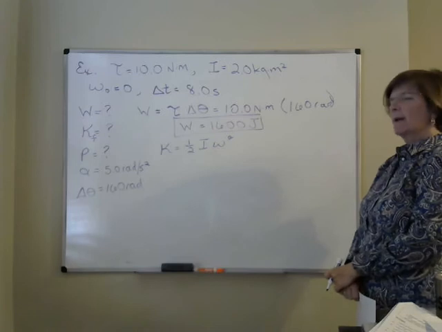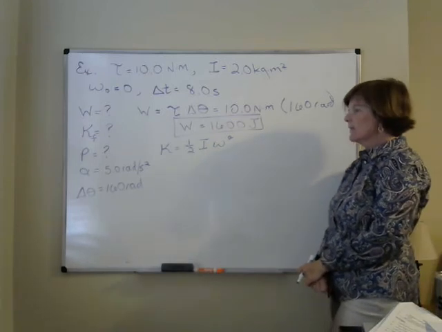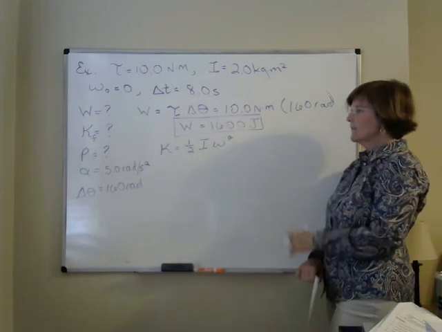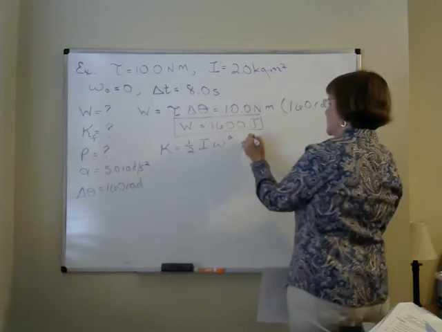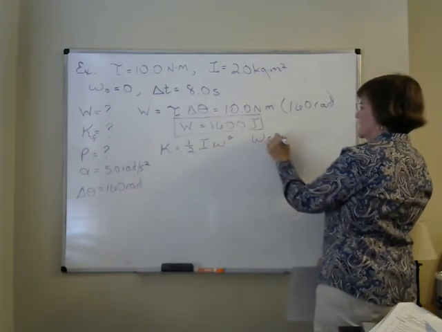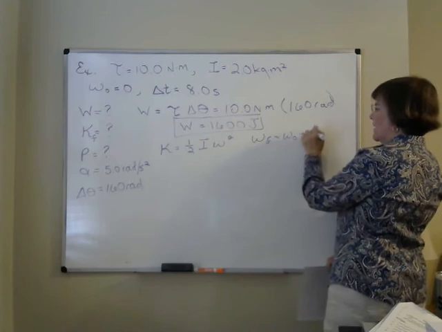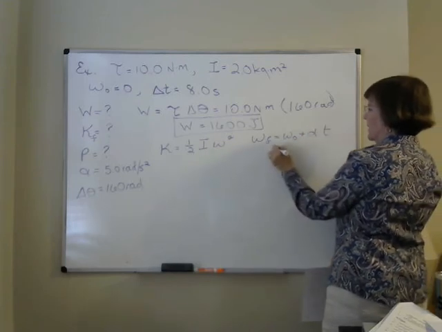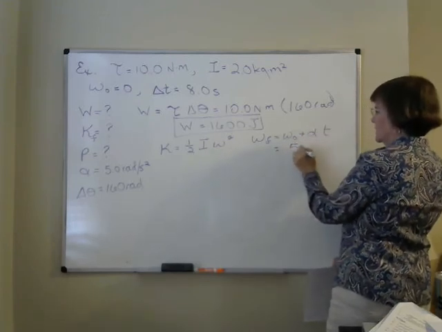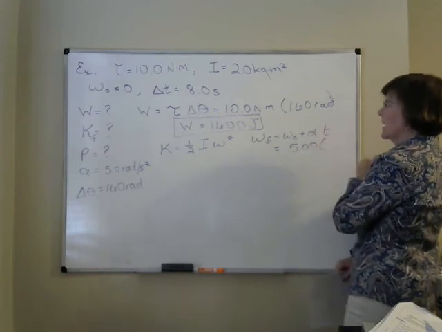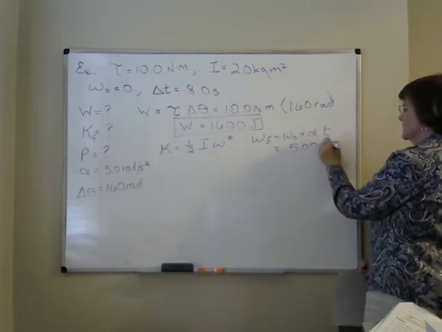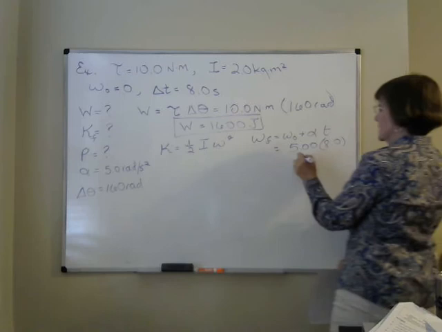I want to think about it. One way is I can find the final speed. Let's find the final speed. I know the final speed is the initial speed plus alpha t. So that's 5. The time was 8 seconds. That's going to be 40.